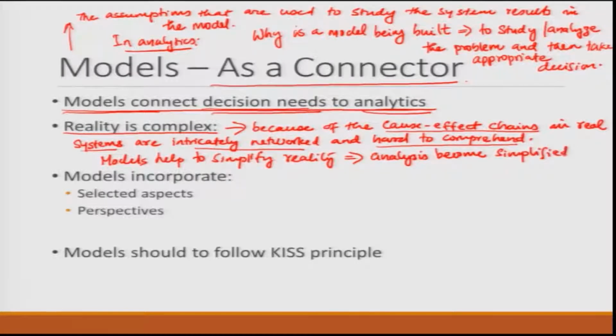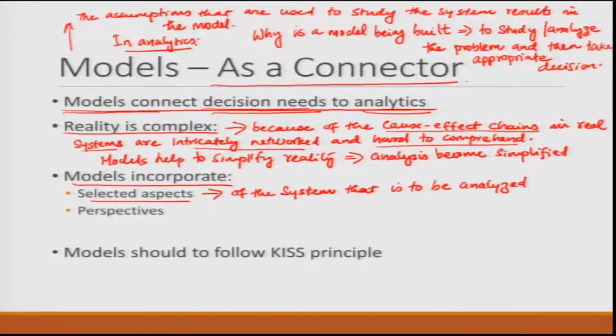If you make a simplified model, you are able to do a simplified analysis. So, what do models do? Models incorporate selected aspects of the system that is to be analyzed. We only analyze what is necessary; we do not need to analyze everything.